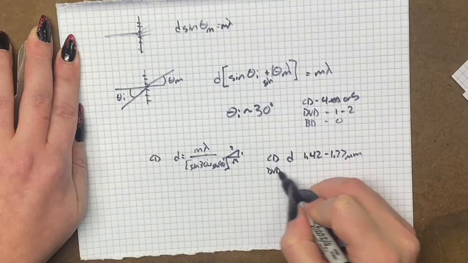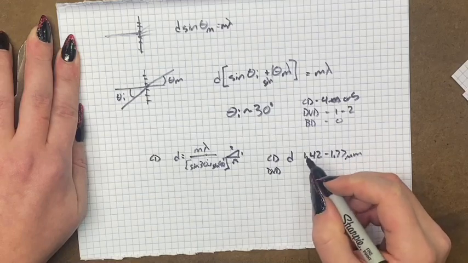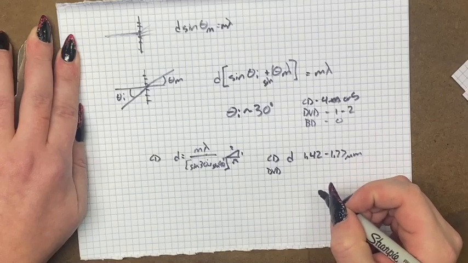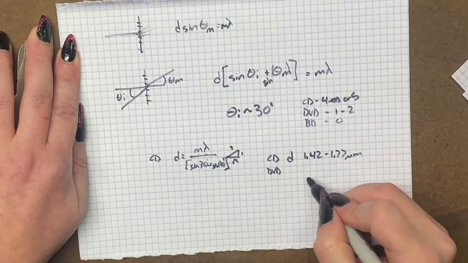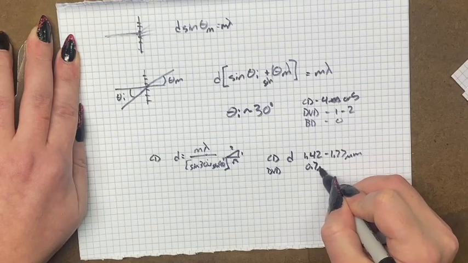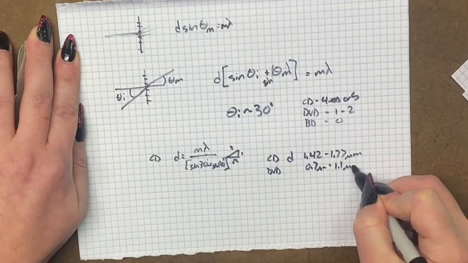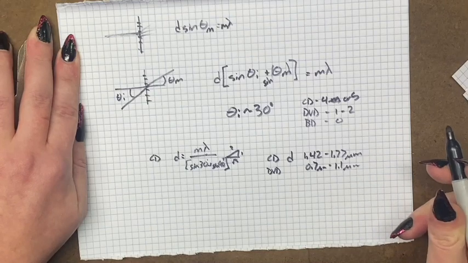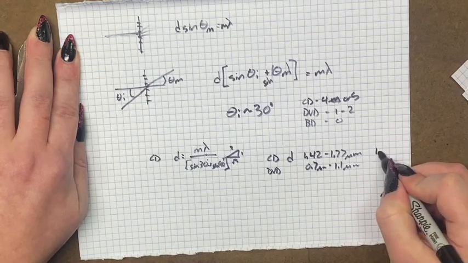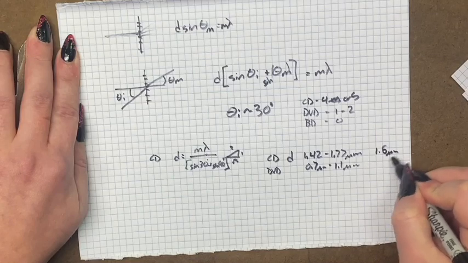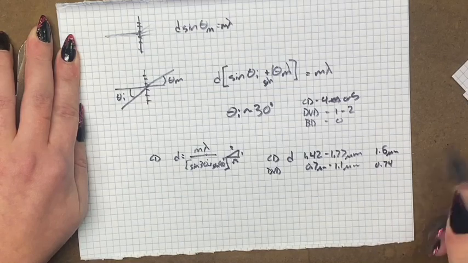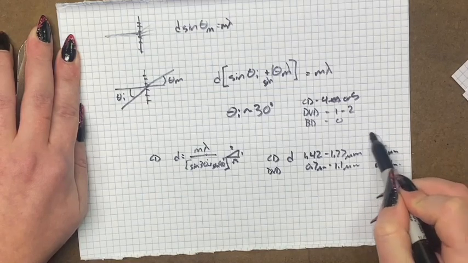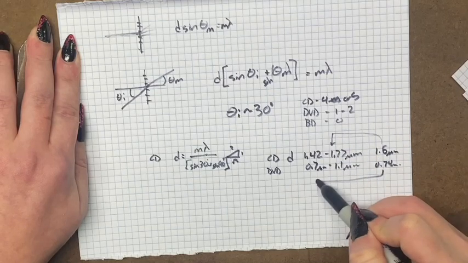And the DVD ranges between 0.7 micrometers and 1.1 micrometers. And of course, the actual technical specifications are 1.6 and 0.74, so these do fall in between these two ranges.